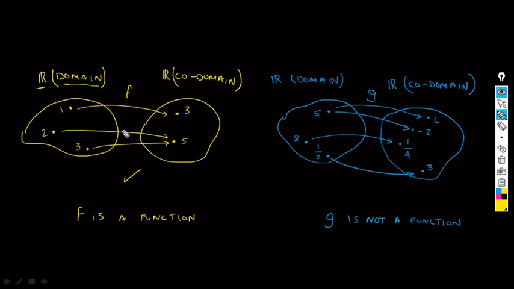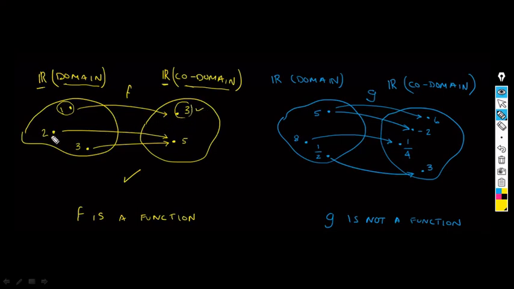The domain is the set of the inputs, and it's just transforming them into other elements of another set, which in this case is also the real numbers, and is known as the codomain of the function. So let's analyze. F is taking the number 1 as input and is associating this input with the number 3 as output.